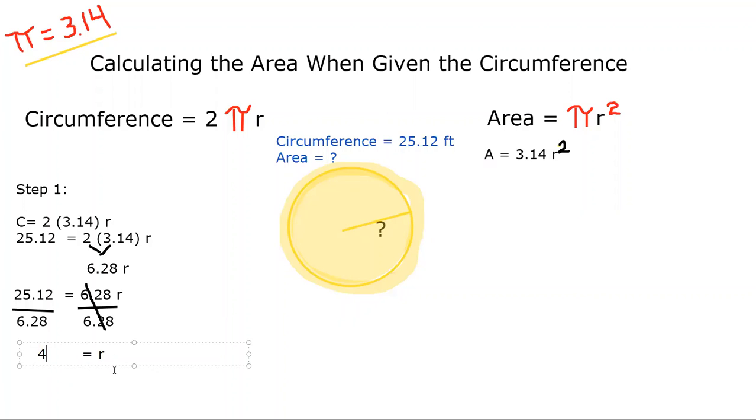So let's quickly review that. Using our circumference formula, we knew our circumference was 25.1200. That was given to us right here. We then replaced the 2. We kept our 3.14, and then where our R is unknown.